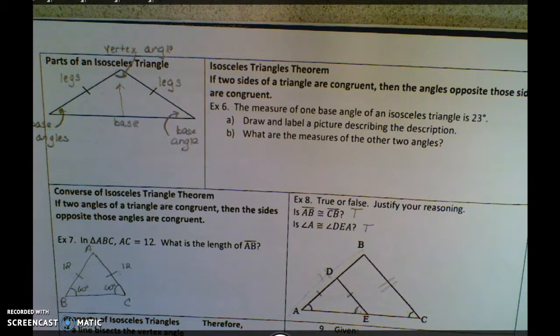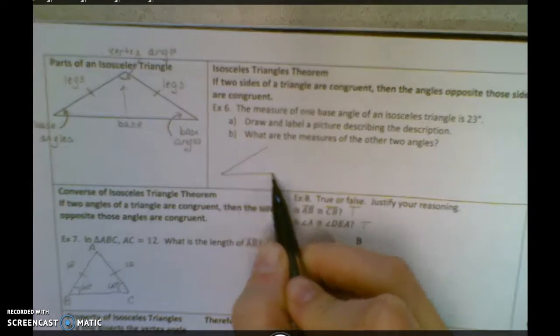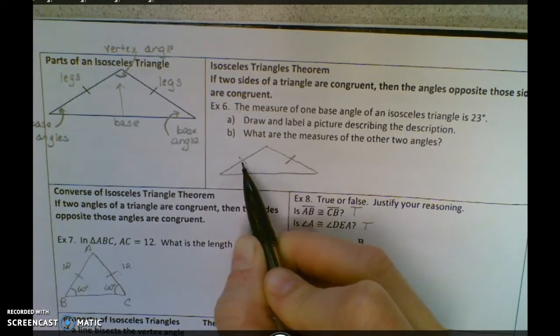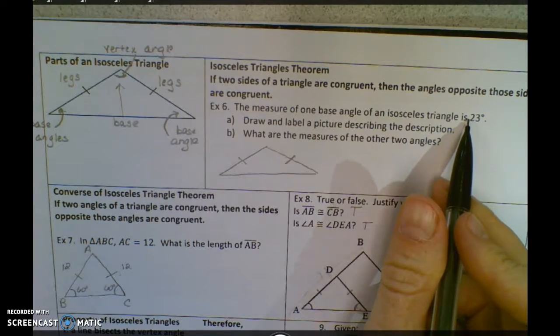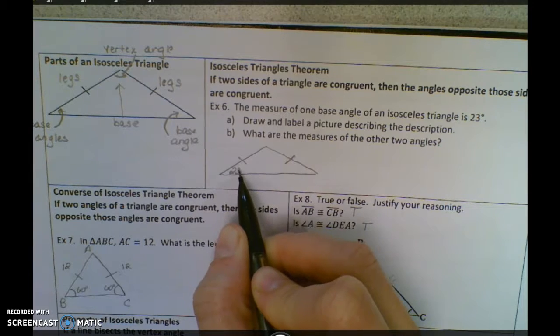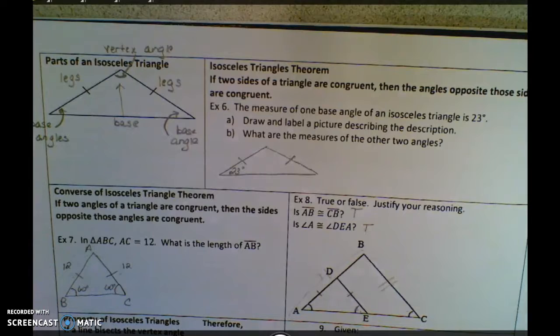So example 6, the measure of one base angle of an isosceles triangle is 23 degrees. I'm going to draw a picture of that, partially because it helps and partially because it tells me to on part A. So I'm drawing an isosceles triangle. I'm making the two sides congruent, but a base angle is 23 degrees. Remember, a base angle could be any angle at the edge of the base.